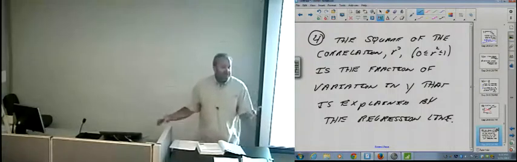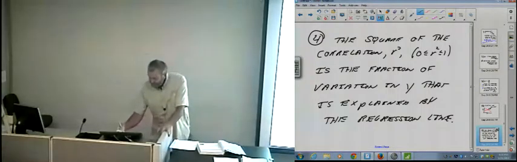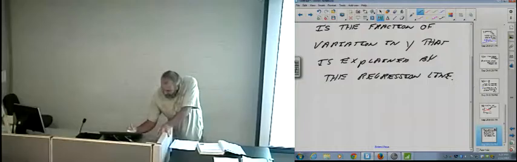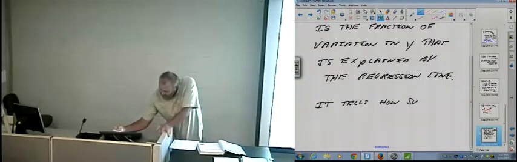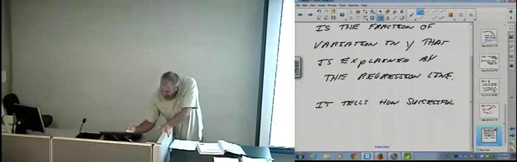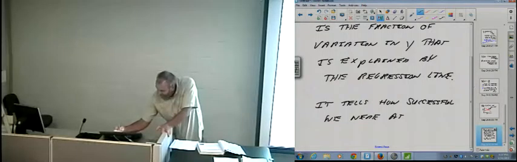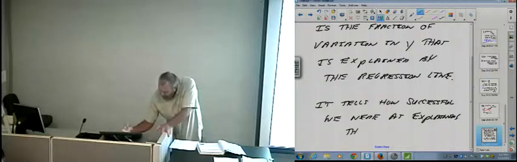What the correlation squared is telling us, it tells us how successful we were at explaining the linear relationship.